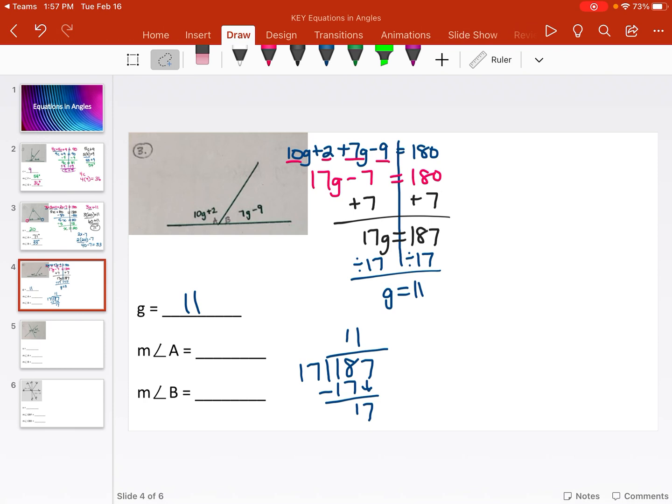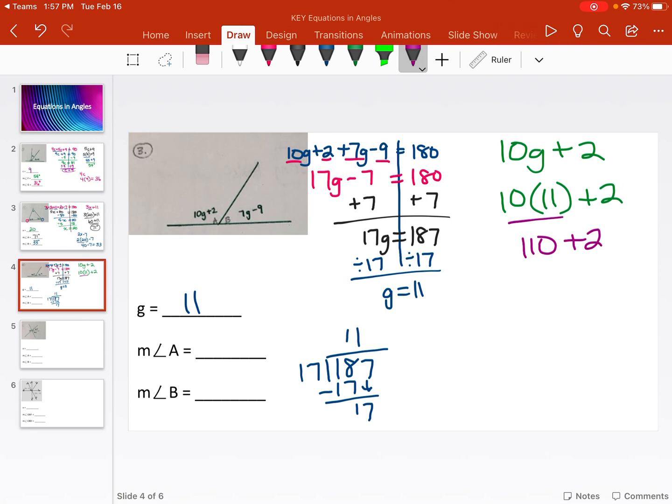And to find angle A, let's substitute in. So it says 10g plus 2. We said g is 11, so I'm going to do 10 times 11 plus 2. 10 times 11 is 110 plus 2 is 112 degrees. And that leaves me B. B is 7g minus 9.